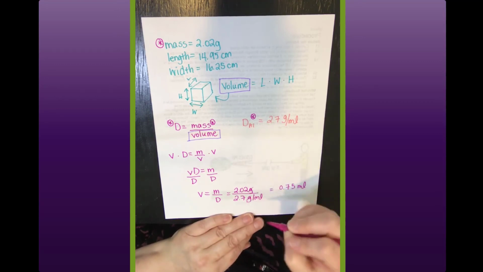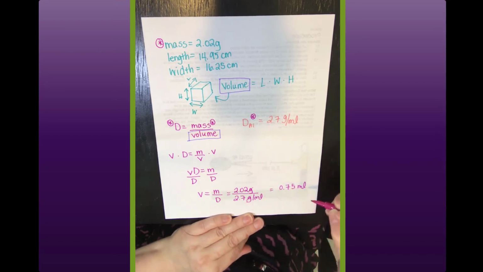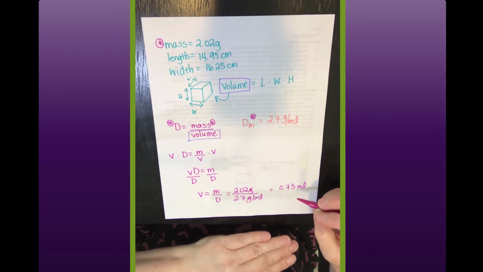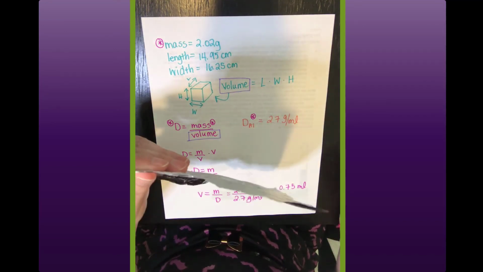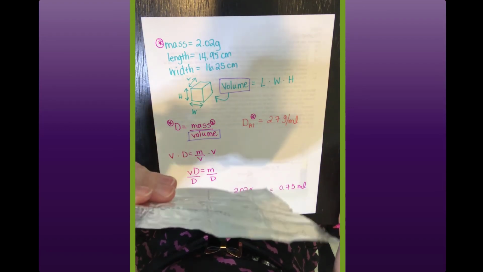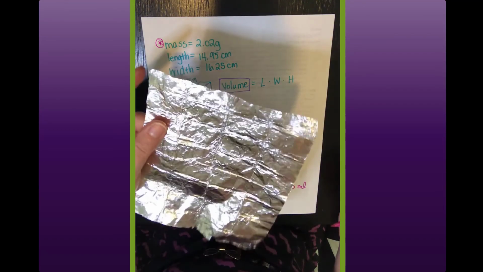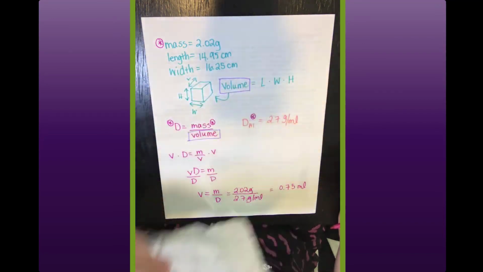The grams cancel, and the denominator of a denominator goes into the numerator. So we know that the volume of this piece of aluminum foil is 0.75 milliliters. If we put this in a bathtub, the water would rise 0.75 milliliters.